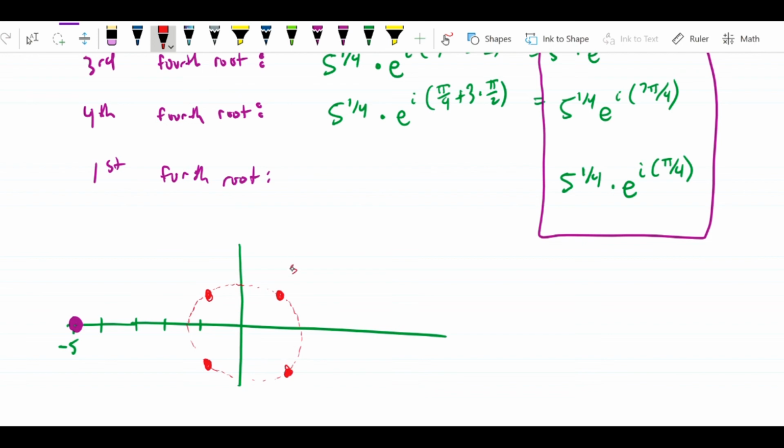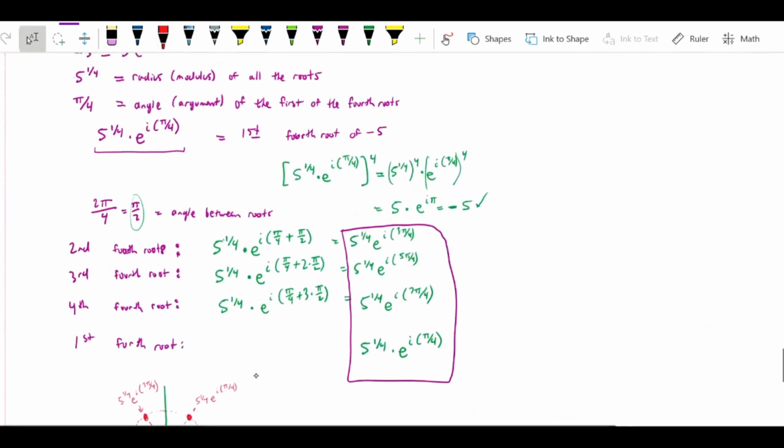So this is 5 to the 1/4 e to the I pi over 4. This is 5 to the 1/4 e to the I 3 pi over 4. I won't keep writing them in, etc. But we can see that they are all equally spaced angular-wise around the unit circle. They're all pi over 2 apart from each other around the unit circle. So there's the answer.